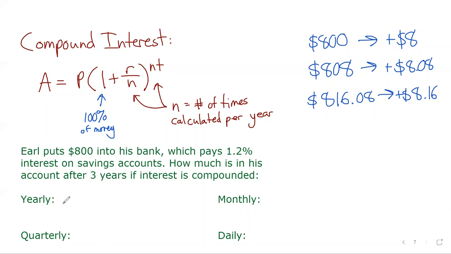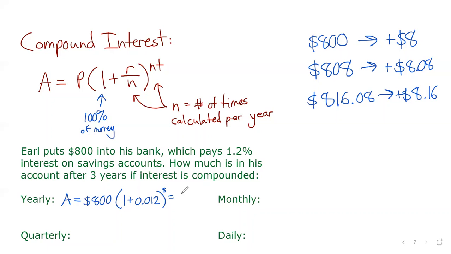All right, so the yearly calculation: A equals principal, which is 800, times 1 plus our rate, which is 0.012. And so that 1.2% interest is going to happen 3 times.